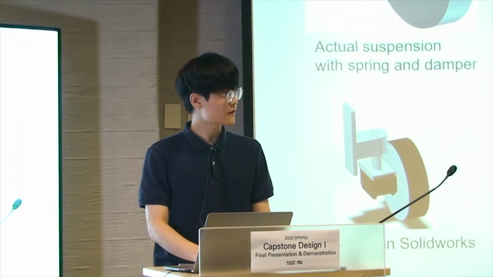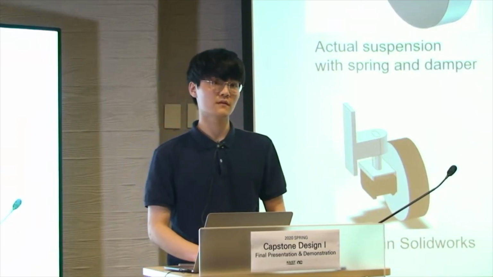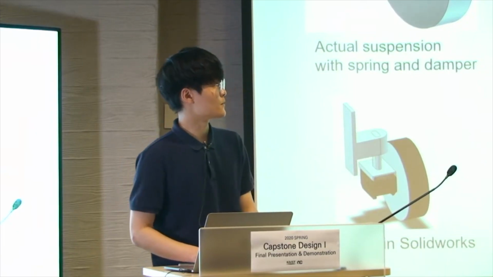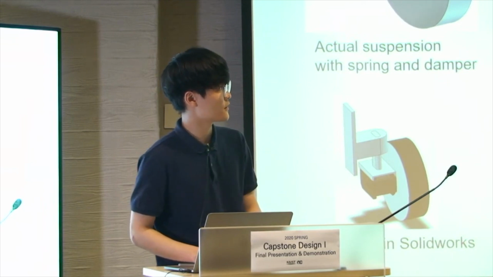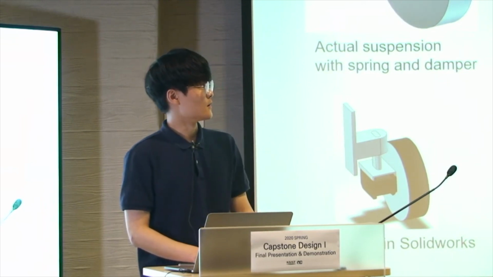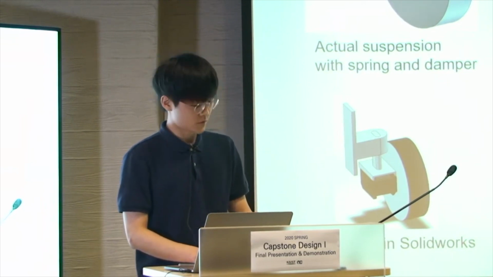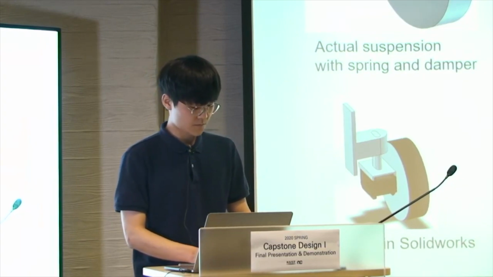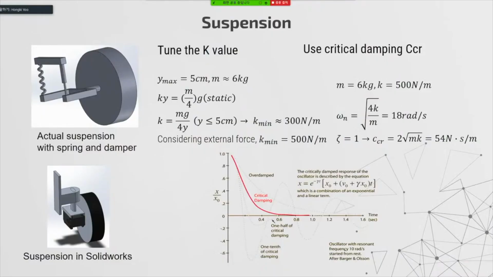Considering external forces, we estimated the minimum stiffness should be 500 Newtons per meter. The graph shows various damping cases, and we chose critical damping for the most efficient damping ratio.